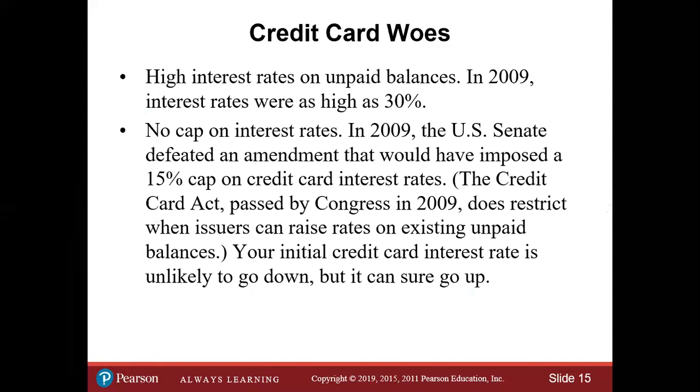The Senate has seen bills that would restrict it and keep it down to a reasonable level, but they said no, the credit card companies can set it to what they like, and you can agree to it or not agree to it. And if you sign up for a specific interest rate, it can go up later. So you want to reassess if the credit card company does change your rate.